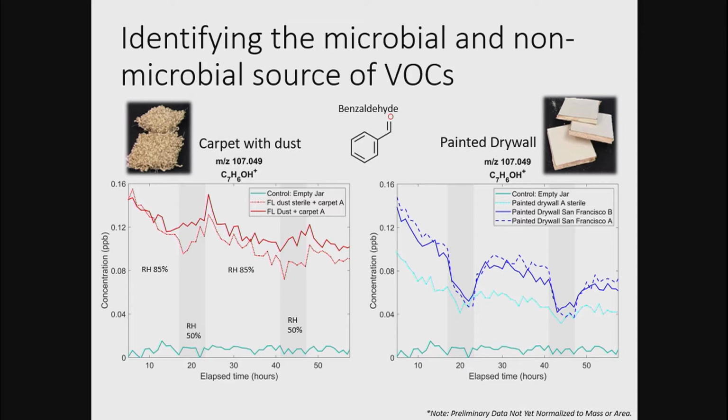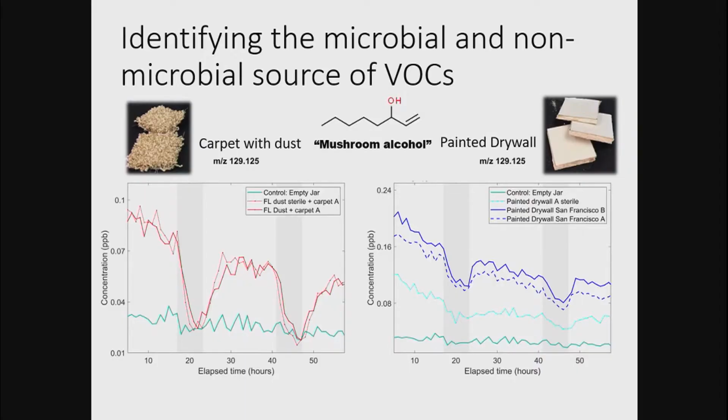And you can see that the dark blue lines have microbial inoculum on them, and the light blue line does not. And so this difference between the substrate background and those with microbes, we hypothesize, is coming from the microbes, actually being generated by the microorganisms themselves when they're growing and proliferating under high relative humidity.